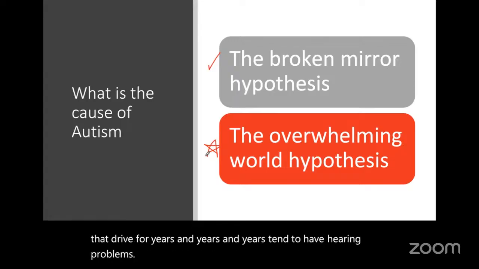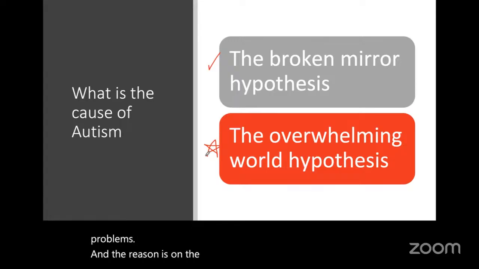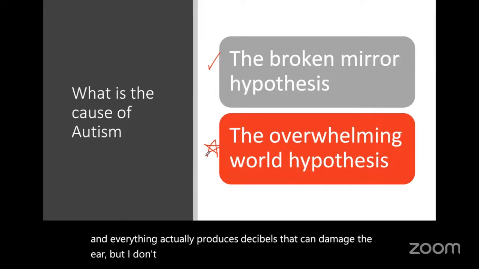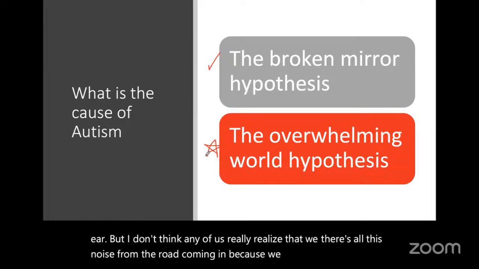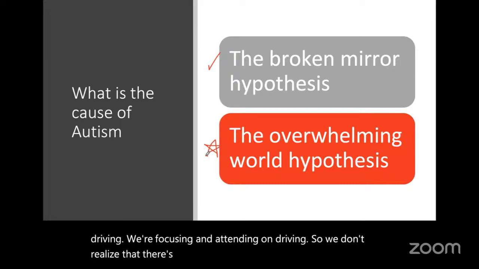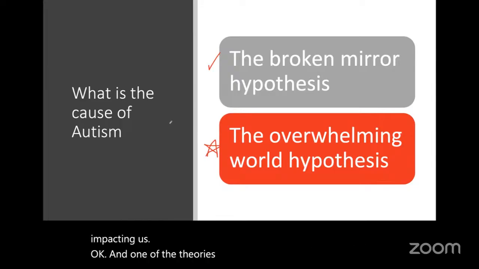The noise on the road produces decibels that can damage the ear, but we don't realize all this noise is coming in because we're busy driving, focusing and attending on driving, so we don't realize that other stimuli are coming in and impacting us.